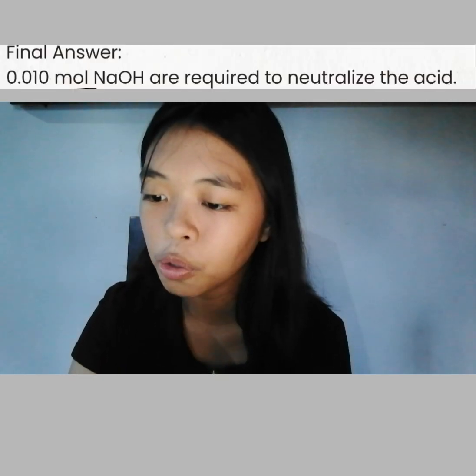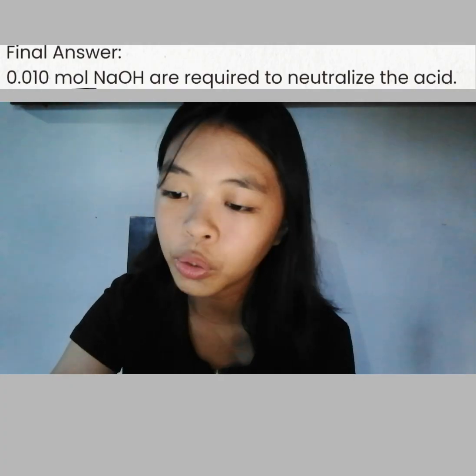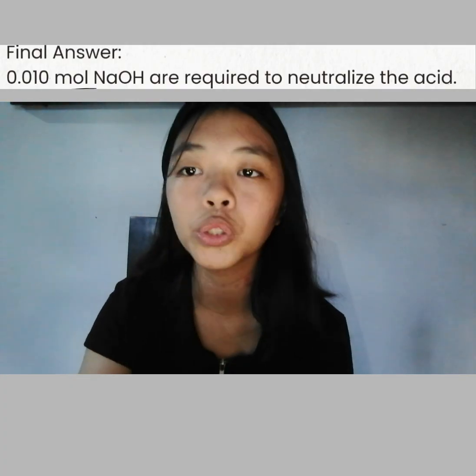After isolating the asked variables, we have come to the final answer, which is 0.01 moles of sodium hydroxide are required to neutralize the acid. So this one is different because we have to adjust it to the ratio that we have calculated.